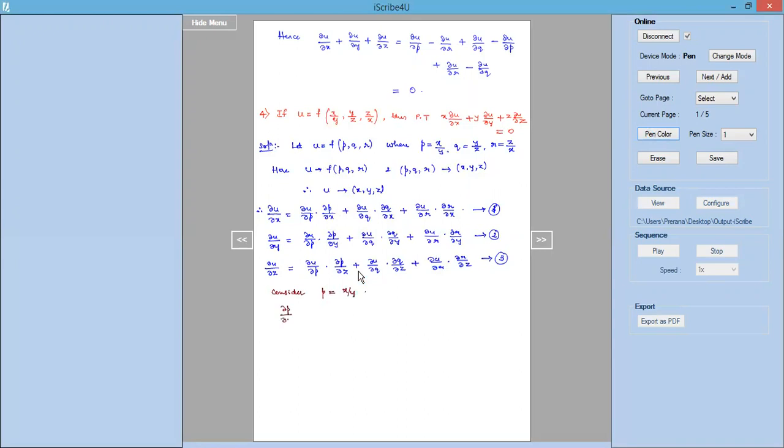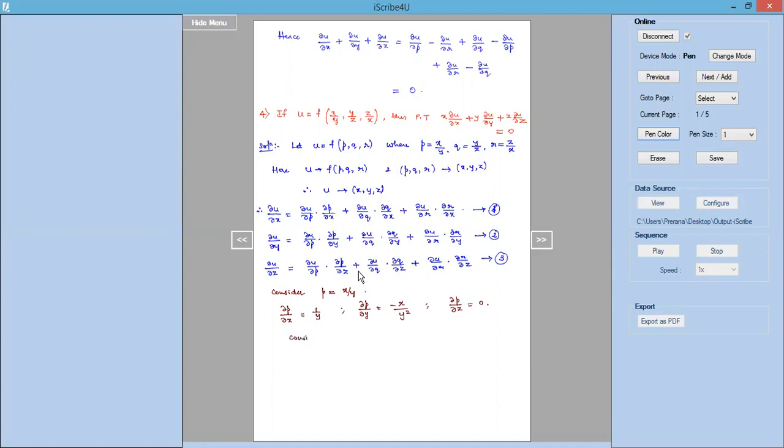Partial derivative of p with respect to x: y and z are constants, so 1/y is as it is, and differentiation of x with respect to x is 1. ∂p/∂y: x is a constant, written as it is, and differentiation of 1/y is −1/y². And ∂p/∂z gives us 0, because x and y both are constants.